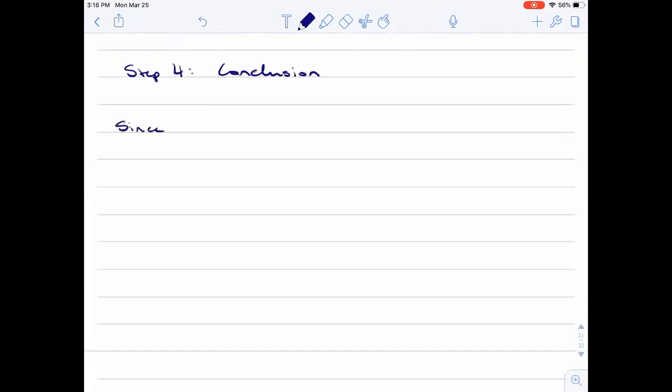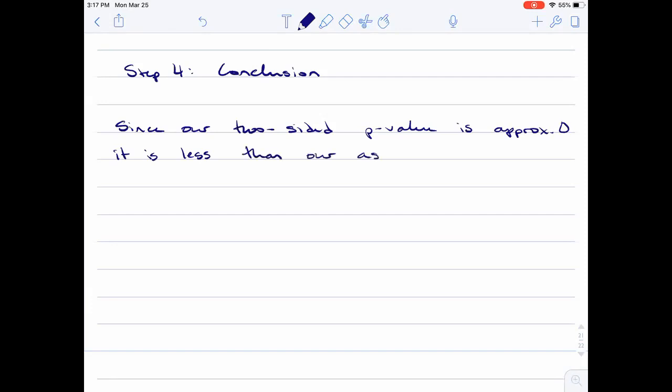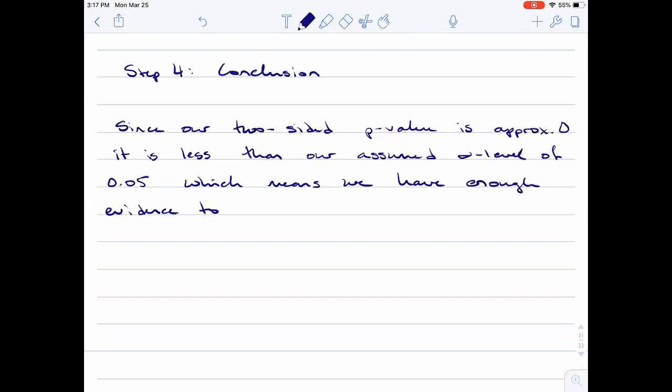So since our two-sided p-value is approximately 0, it is less than our assumed alpha level, because I didn't give you one to use, and that's okay, of 0.05, which means we have enough evidence to reject H0 in favor of HA.